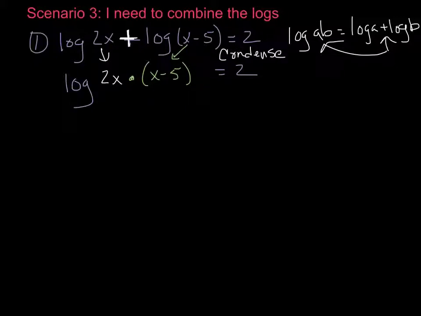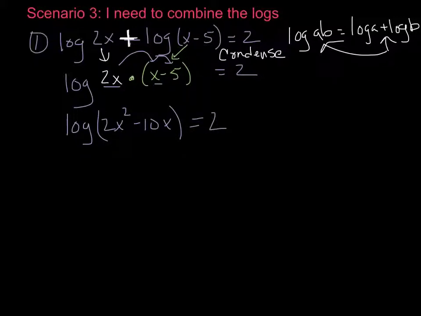Now let me simplify this a little bit because I do know that I can play the distributive property game here. So I still have the log, and 2x times x would be 2x squared, and 2x times negative 5 would be minus 10x, and again, still equals 2.